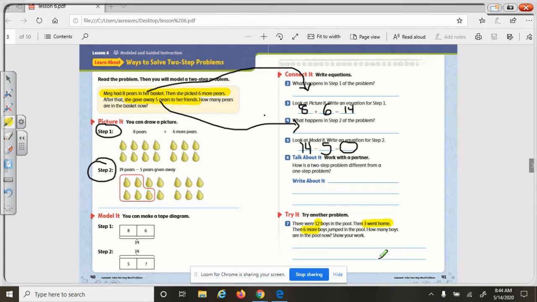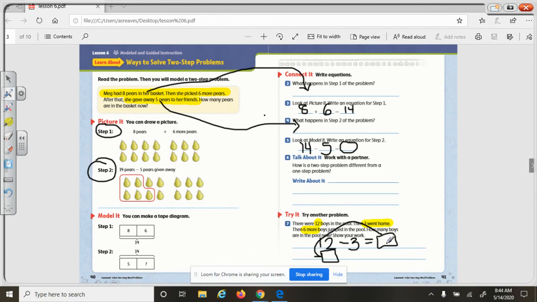How many boys are in the pool now? So we know that we're starting with 12 boys. If 3 boys go home, then we are subtracting because the numbers are getting smaller. 12 minus 3 equals, and we're going to figure out what that answer is. After we have that answer, we're going to have to move it down here for step 2.